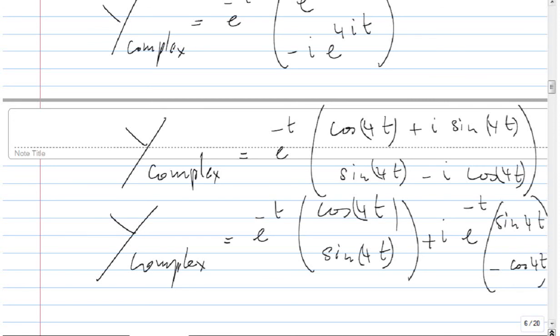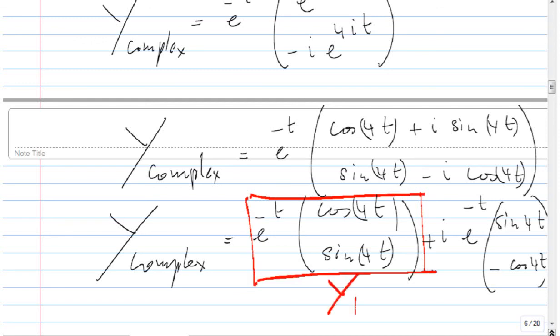As you can see here, this is your y1 and this is your y2, and you finish with c1 y1 plus c2 y2 as your general solution. As you can see, we found the same. The y2 we found before is the opposite of this one, but up to a constant it is exactly the same.